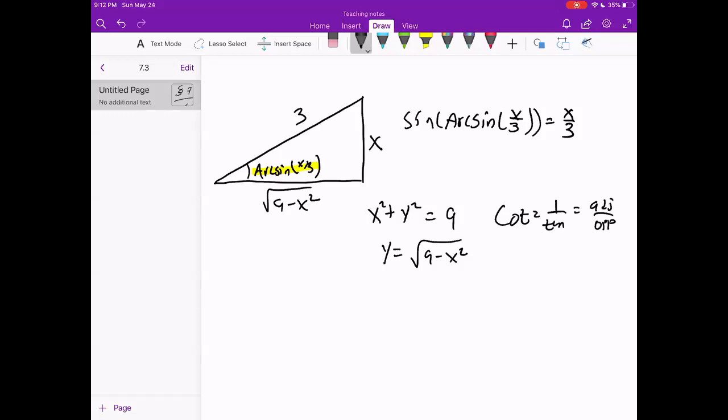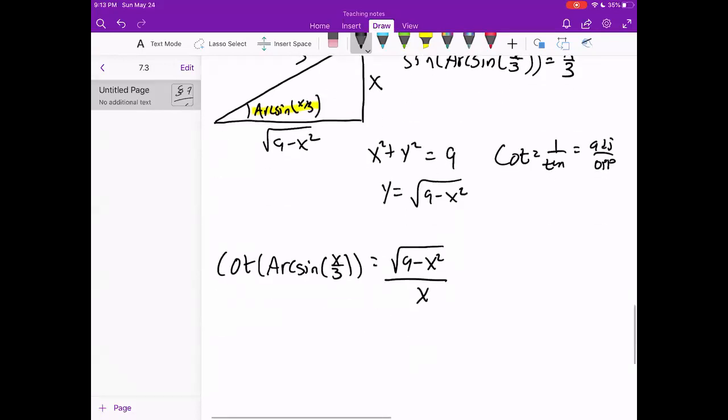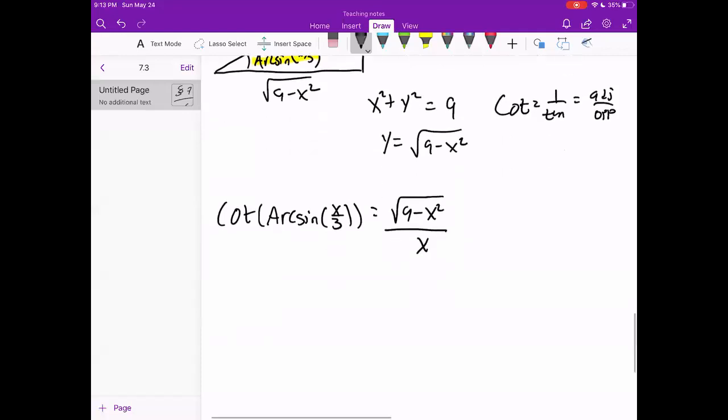If I think of this arc sine of x over 3 as an angle, then the cotangent of the arc sine of x over 3 is, again, just the adjacent over the opposite. This is going to be the square root of 9 minus x squared over x. And now I can simplify my answer.